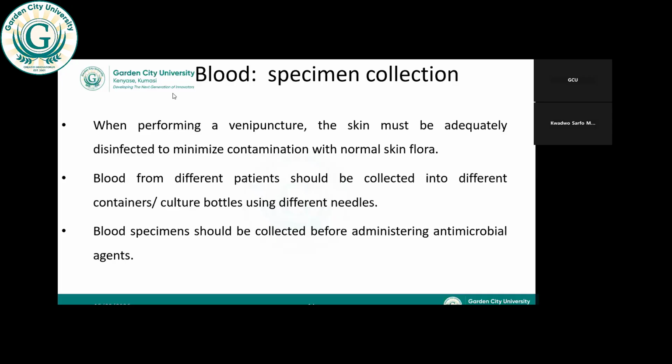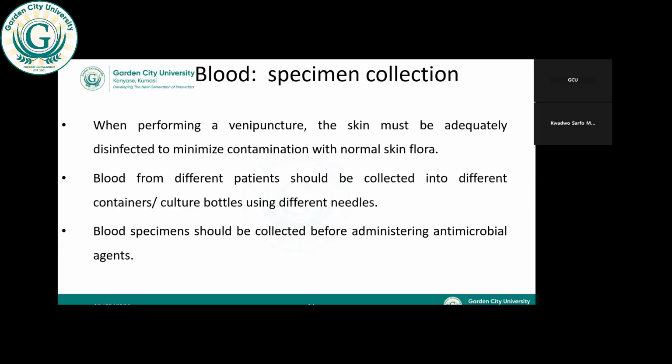So, for example, blood, because you'll be taking the blood specimen from the veins, they're disinfected so that you don't introduce normal flora from the skin into the blood specimen to contaminate it.